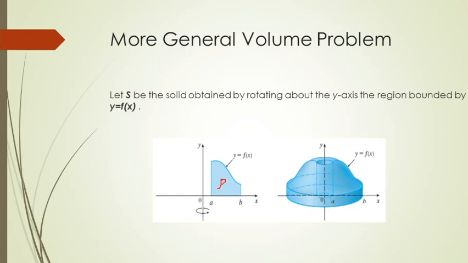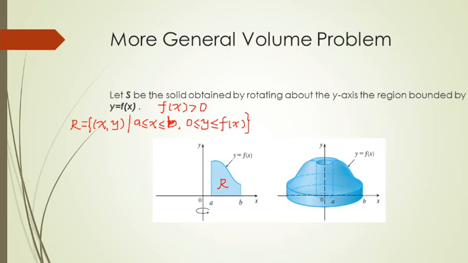This region R consists of the points (x, y) where x should be between A and B, and y should be above the x-axis and below f(x). And of course, the function value we discussed should be positive.